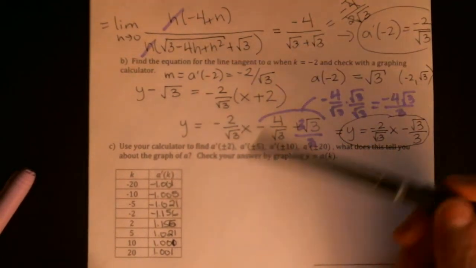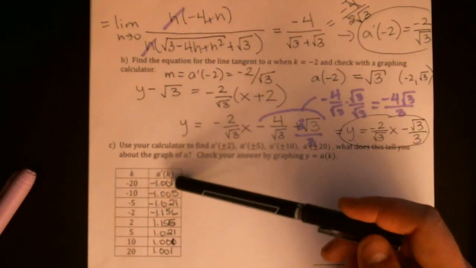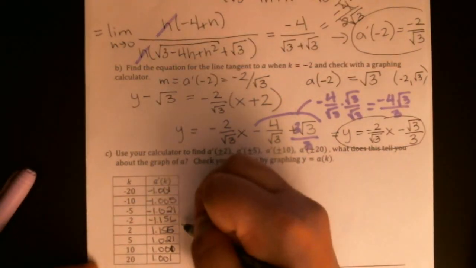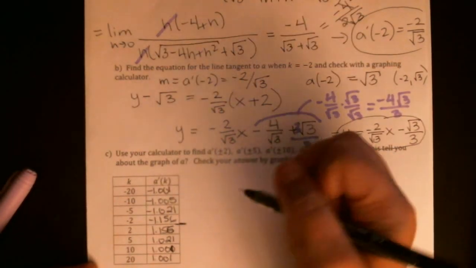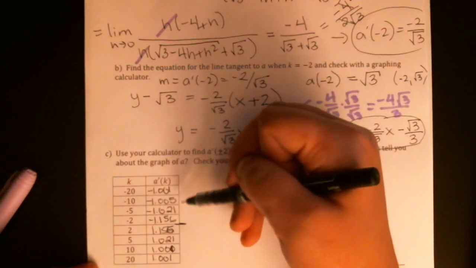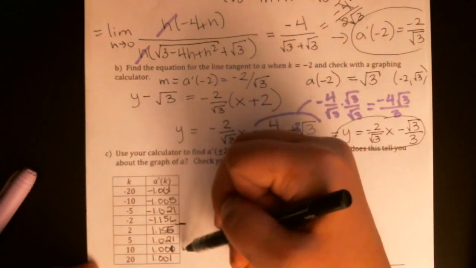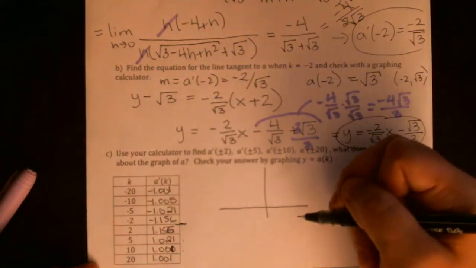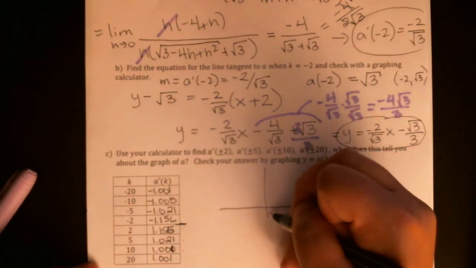the slopes, as we get further and further away from the middle of that thing, are getting closer and closer and closer to 1. So it's not just that this thing looks like the absolute value of x, it's really close, maybe more like the absolute value of x minus 1.